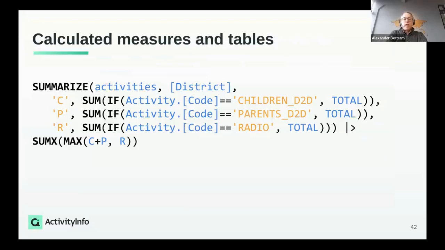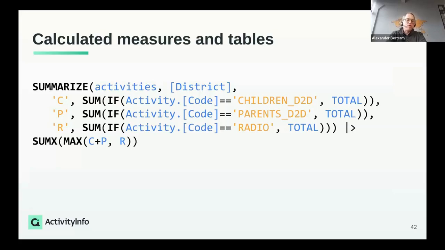This is a good case to highlight how ActivityInfo's calculated measures and tables really help for something complex. So I'll take a minute just to walk through this formula that you see here. The idea is that on one hand, UNICEF is doing door-to-door activities, the D2D.